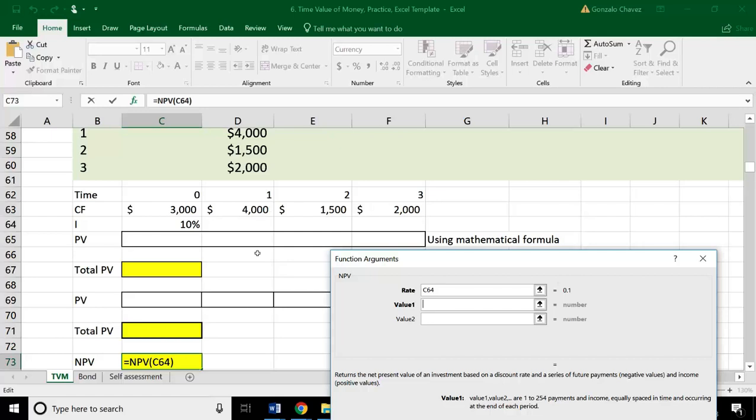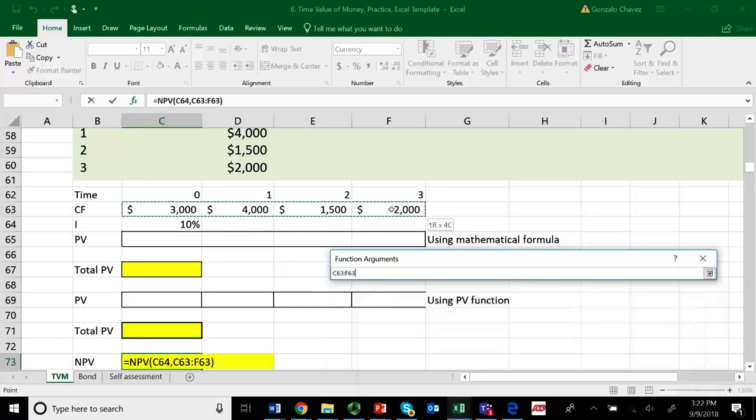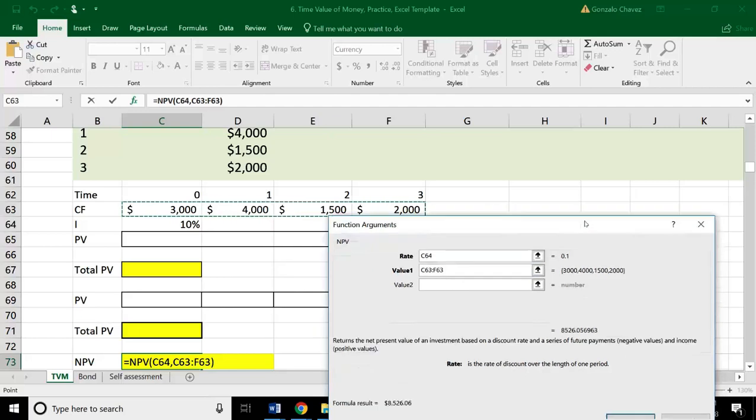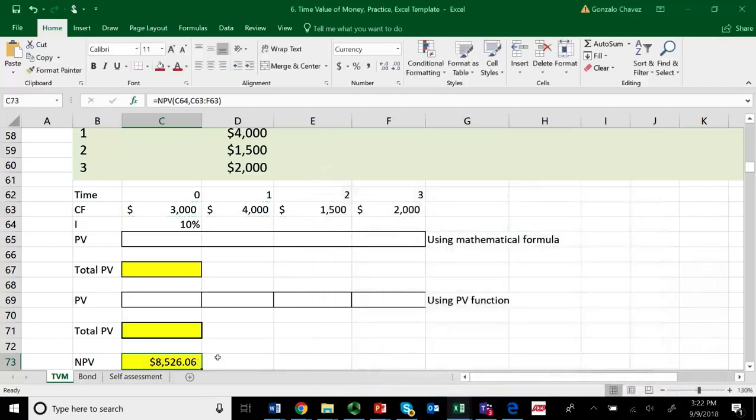Now, here's the danger of using the NPV function. This is the one thing you have to be careful about, okay? When you highlight the numbers, the NPV function will always assume that the first number that you're highlighting is in year 1, the second number is in year 2, and so on and so forth. So what's the danger of doing this? The danger is that if you're right here and you say, I'm going to highlight my 4 cash flows, what is the problem with this? It's easy because then you just basically press OK, and that's the answer. 8,526. Nice and easy.